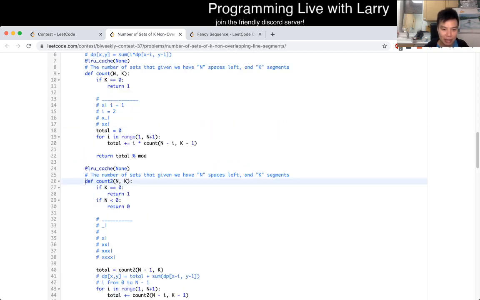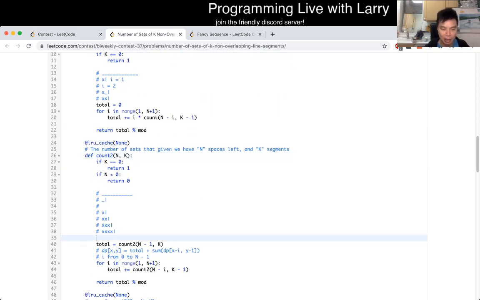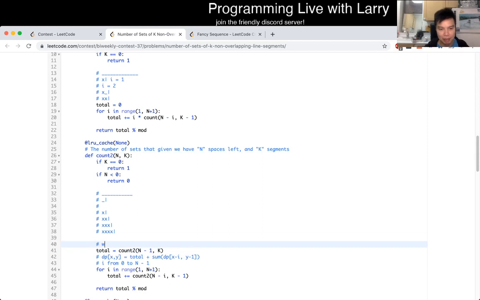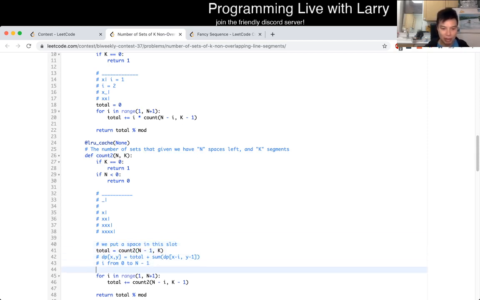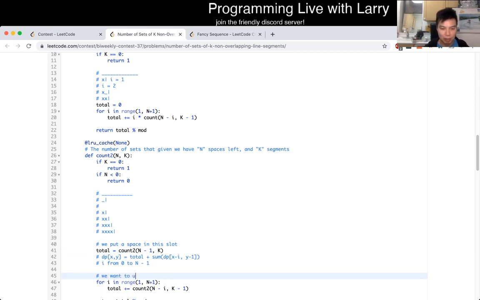Which is that, okay, so this is the case where we put a space in this slot. So then this becomes n minus 1 and k because we didn't use any segments, right? Otherwise, we want to use the prefix, the beginning i characters, using one segment, right?